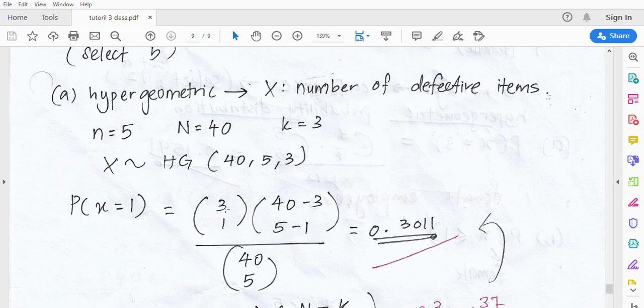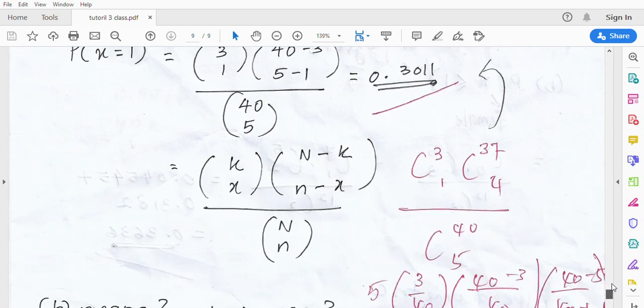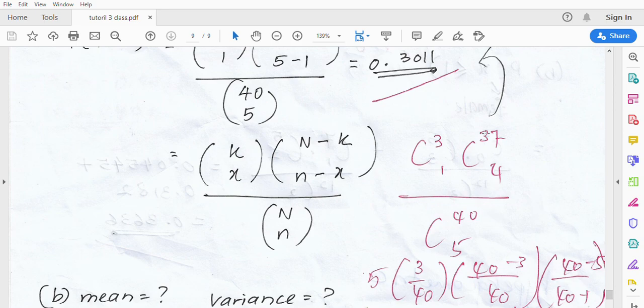From the three, we choose one, and from N minus 3, which is 37, we choose 5 minus 1, divided by C(40, 5). So we will get 0.3011, or we can use the normal formula like in question number 7 and question number 9.